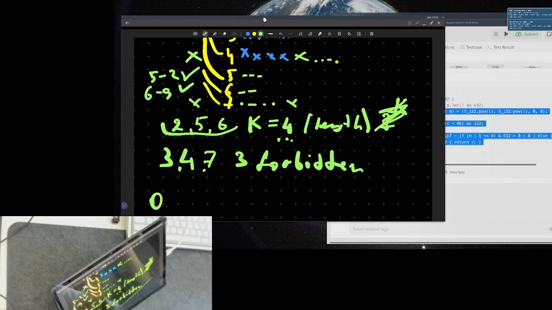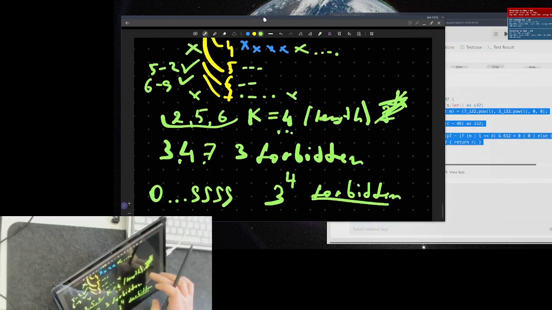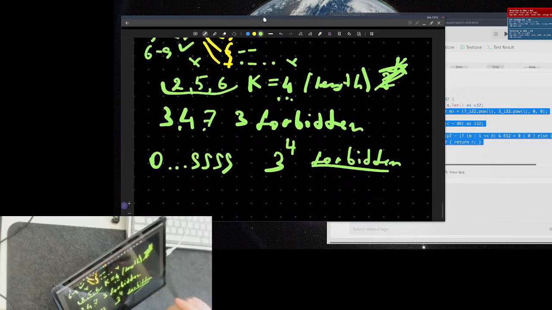So from 0 up to 4 nines we have 3 to the power of 4 forbidden combinations of 3, 4, and 7. Again, this is not the correct way of thinking. Let's forget about it.